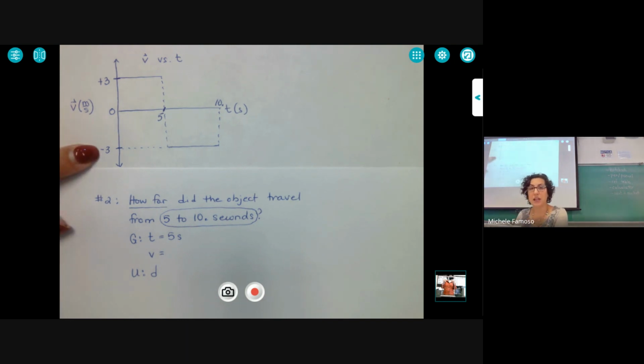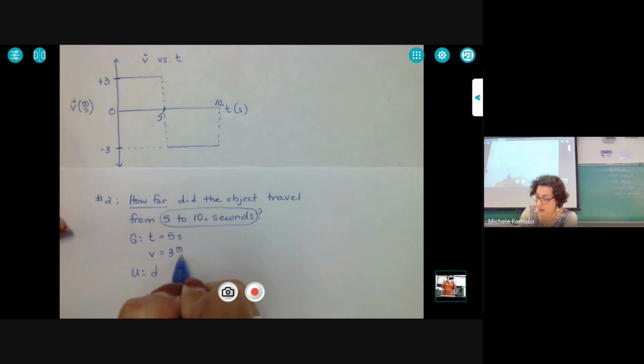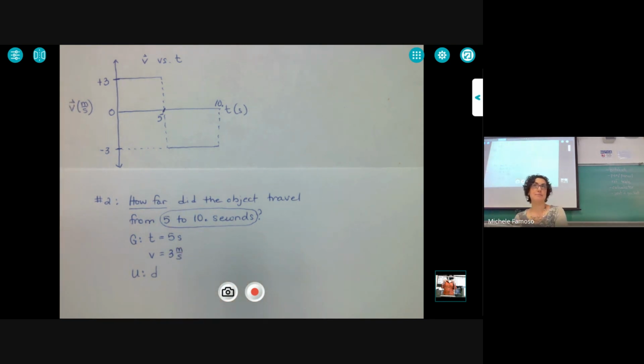That is the velocity from 5 to 10 seconds, not the speed. What is the speed? What is it, Brandon? 3. Okay, without the sign.